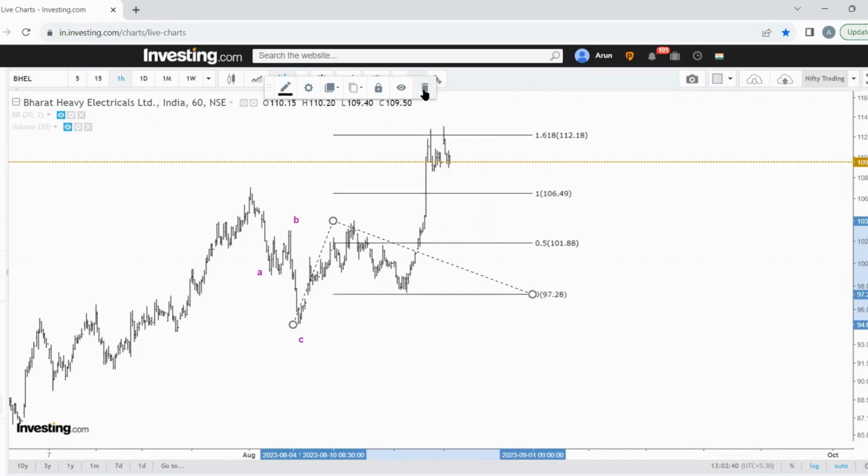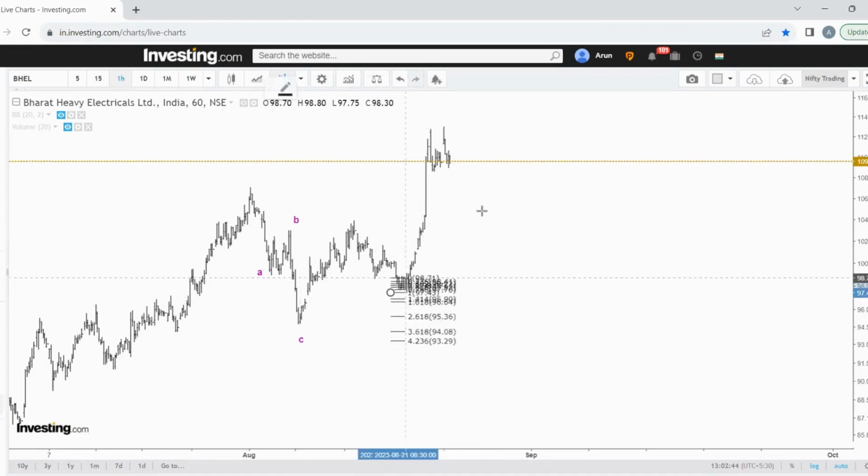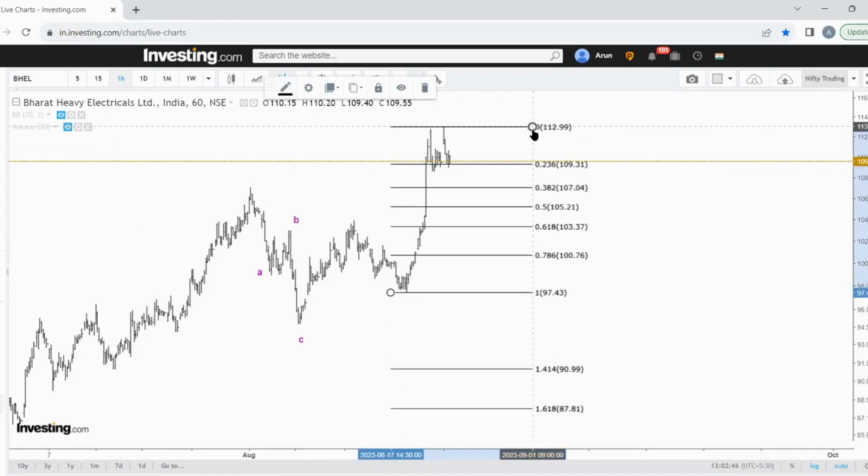So now we can expect a wave 4. It has already reached 23.6%. So we can expect the 107 zone, because wave 2 is deep, almost went below 61.8. So it can reach 107 and then we can move into wave 5.